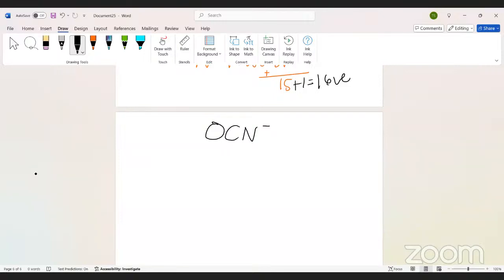You can actually start with oxygen, but I always like to start with the one in the middle, because that's the way it's going to look anyway. So you've got 2, 4 for carbon.